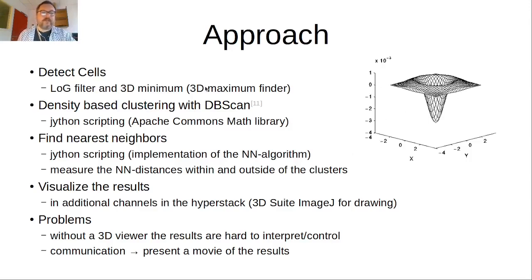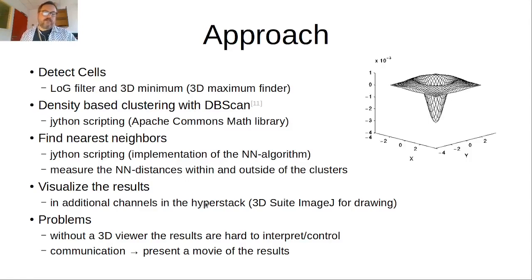The image analysis approach for this is classical. We use a LoG filter and a 3D minimum finder. It's a maximum finder, but we use it to find the 3D minima. To detect the nuclei, then we use a DBSCAN algorithm from the Apache library, which we use via JSON scripting, and then we use another JSON script to find the nearest neighbors and measure their distances.